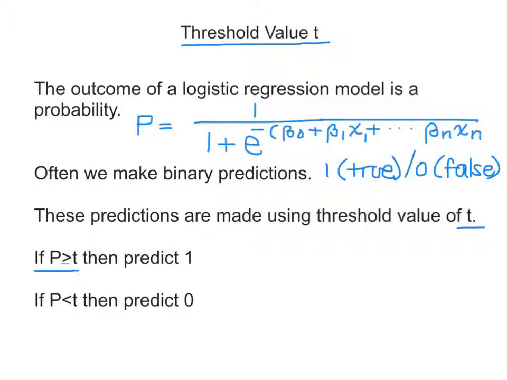If p is greater than or equal to this threshold value t, then we predict a 1 or a true. If p is less than our threshold value t, then we predict a 0 or false. So what we need to do is determine what our threshold value will be.